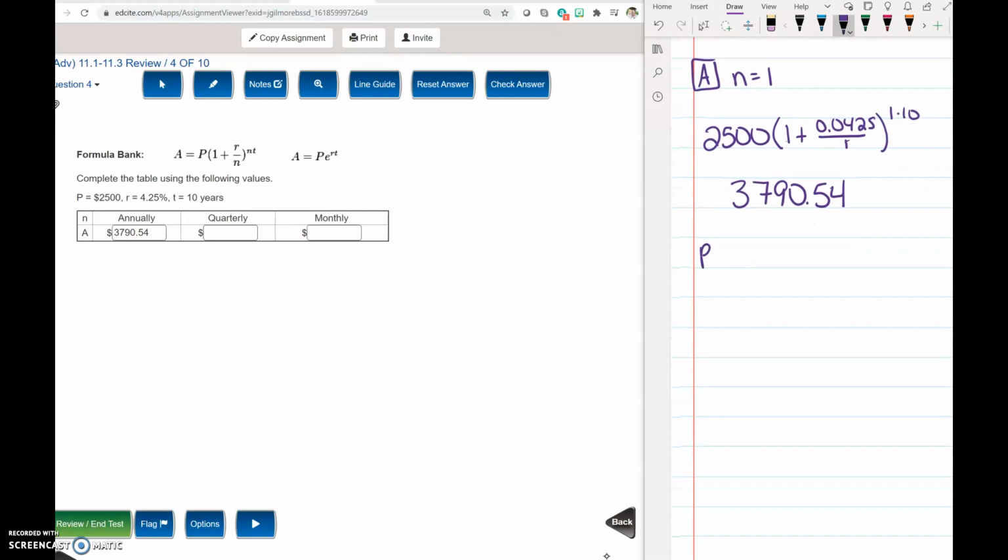Next, we want to do quarterly. For quarterly, n is 4. So 2,500, everything is the same except for that n value. Divided by 4, raised to the 4 times 10.